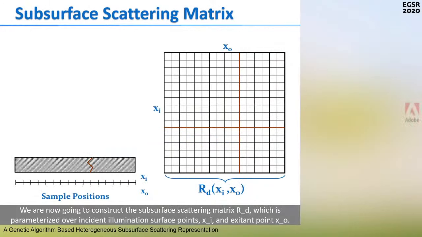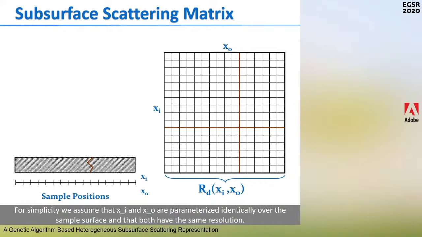We are now going to construct the subsurface scattering matrix RD, which is parameterized over incident illumination surface points xi and exited point xo. For simplicity, we assume that xi and xo are parameterized identically over the sample surface and that both have the same resolution.